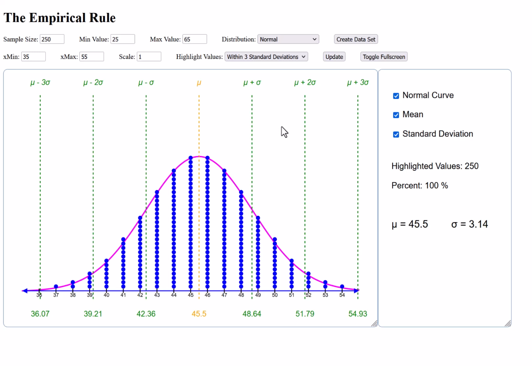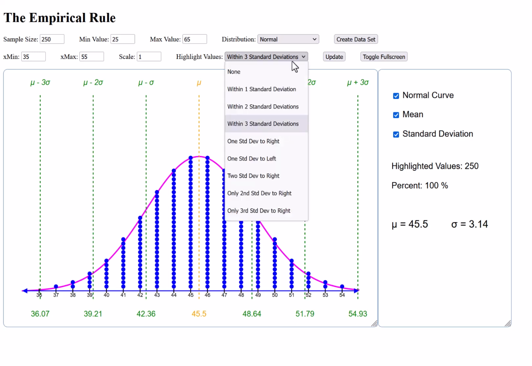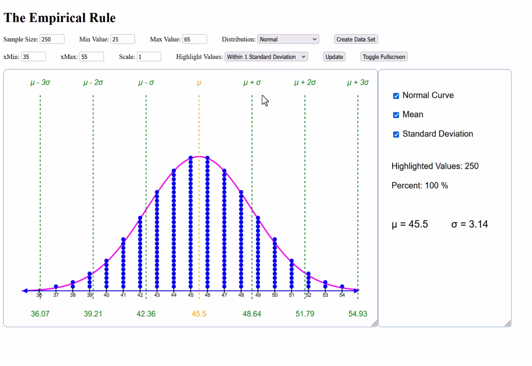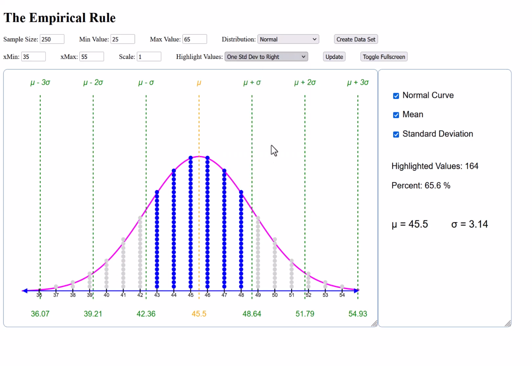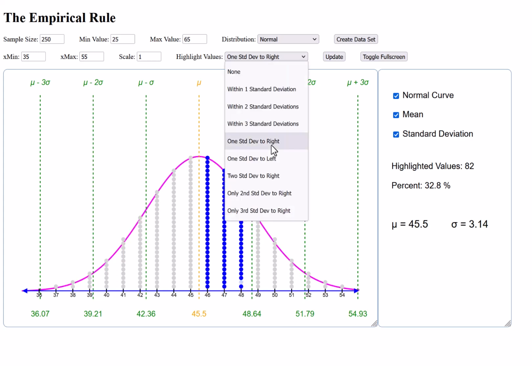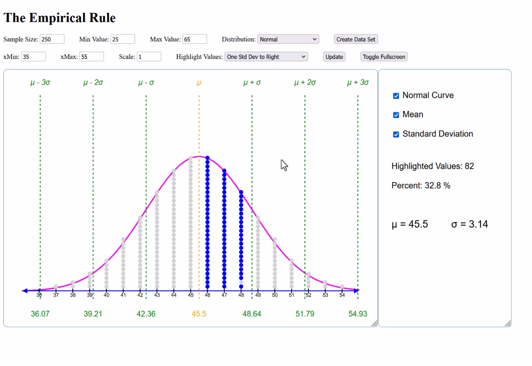So that's what the empirical rule says. It predicts for us the percent of the data in a bell-shaped distribution that's going to be within a certain number of standard deviations. And because it's symmetric, you can even take the 68% that's supposed to be within 1 standard deviation and divide that in half and say that it's about 34% on the right-hand side or 34% on the left-hand side. So because it's symmetric, you can do that sort of thing.